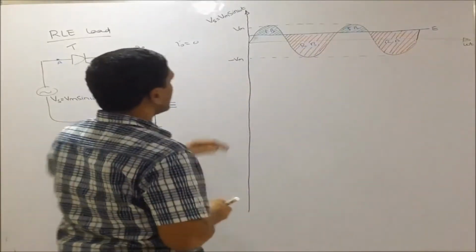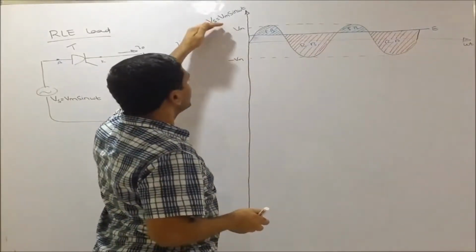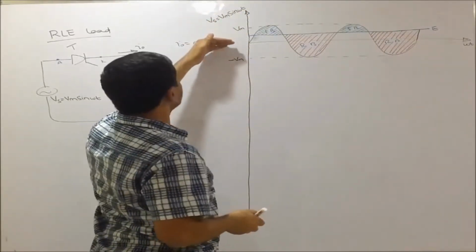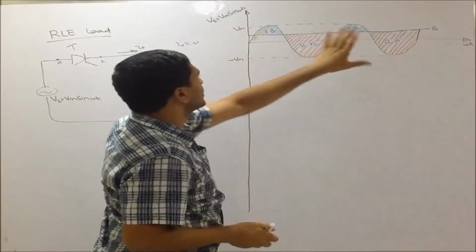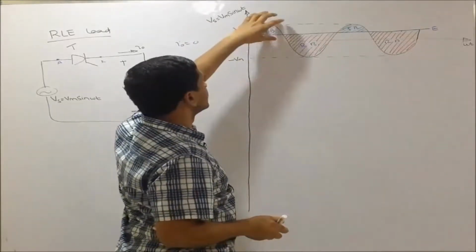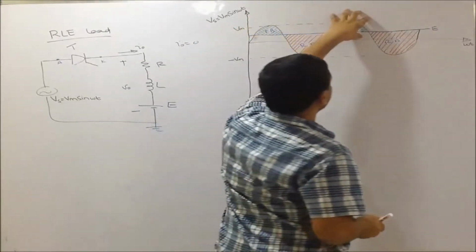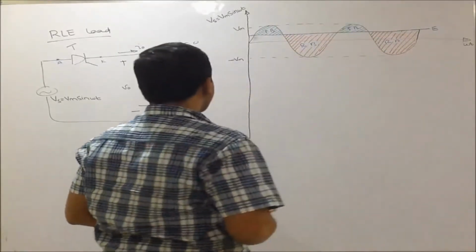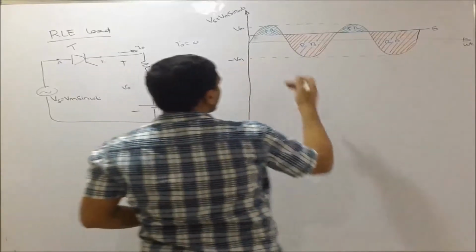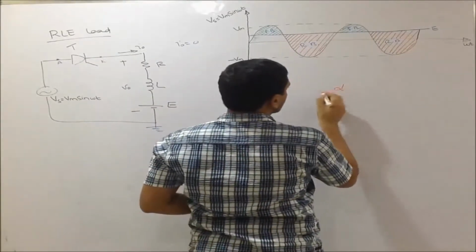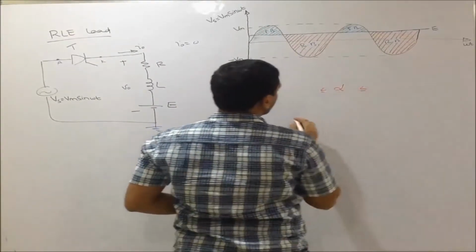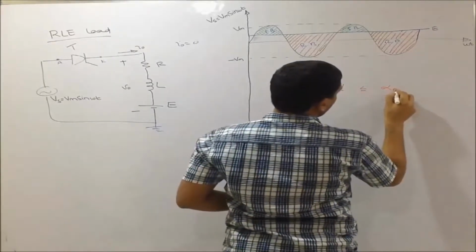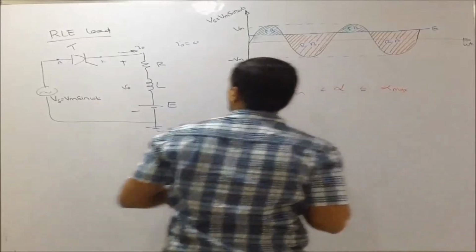My SCR is forward biased whenever the Vs value is greater than E, and my SCR is reverse biased when Vs value is less than E. So that is what I have shown here. Here the SCR is forward biased. Here also the SCR is forward biased. Here it is reverse biased. So there exist limits for alpha, that is alpha min and alpha max. These things we have discussed about RE load.